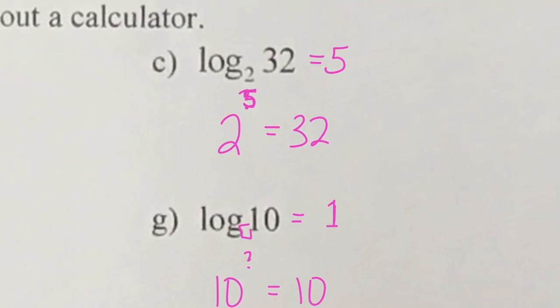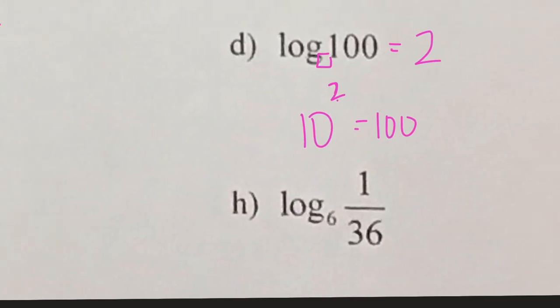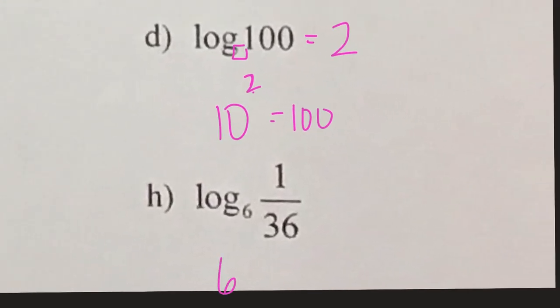So this is what we do when we are evaluating. We're asking ourselves, what is the power? 6 raised to what power is 1/36? How we do this is we change our 1/36 to be 1/6 squared. We want to have the same bases. If we have the same bases, then the exponents are equal. So we rewrite 36 as 6 squared. Now, what is our exponent rule about denominators having powers?